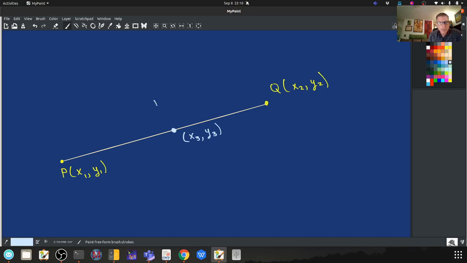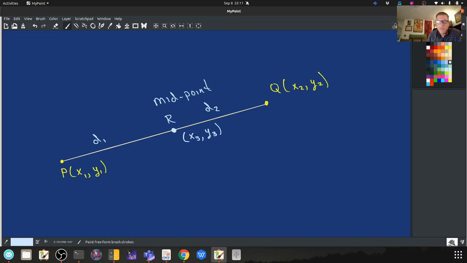So this point is called the midpoint. Why? Because the distance between P and this point, which we'll call R, and the distance between R and Q are identical. But here is the beautiful part about it.